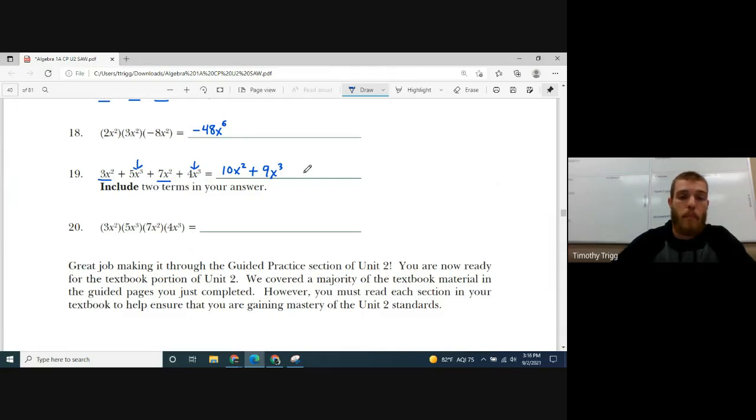Okay. I would actually prefer if we wrote the highest power first. So generally speaking, you want to write your algebraic expressions with the highest power first. Okay, so that's why I'm going to put the x to the third first, and then I'm going to put the x squared after that.